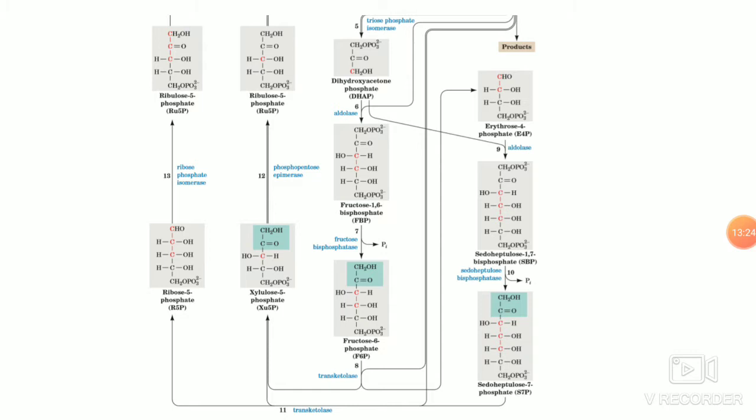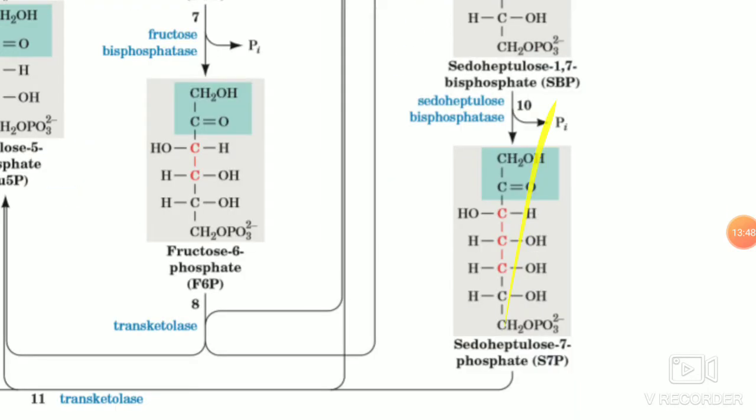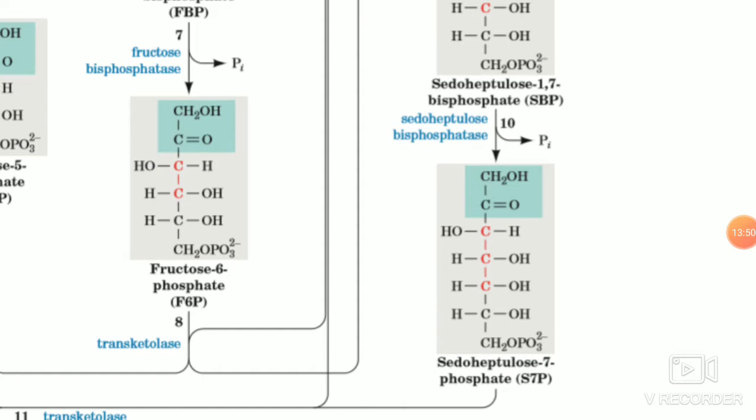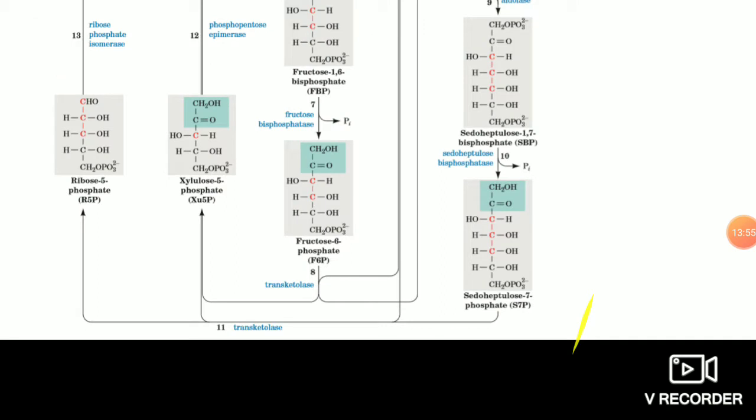This fructose 6-phosphate, with the help of transketolase, is converted to xylulose 5-phosphate and then erythrose 4-phosphate. Erythrose 4-phosphate along with a molecule of dihydroxyacetone phosphate, with the help of aldolase enzyme, is condensed to sedoheptulose 1,7-bisphosphate, which is converted to sedoheptulose 7-phosphate by a phosphatase reaction, removing the phosphate.